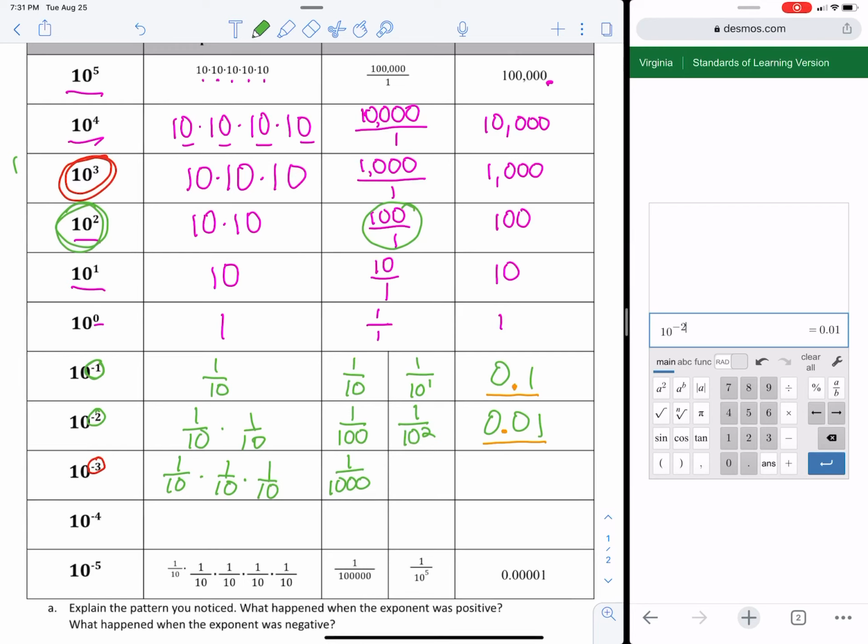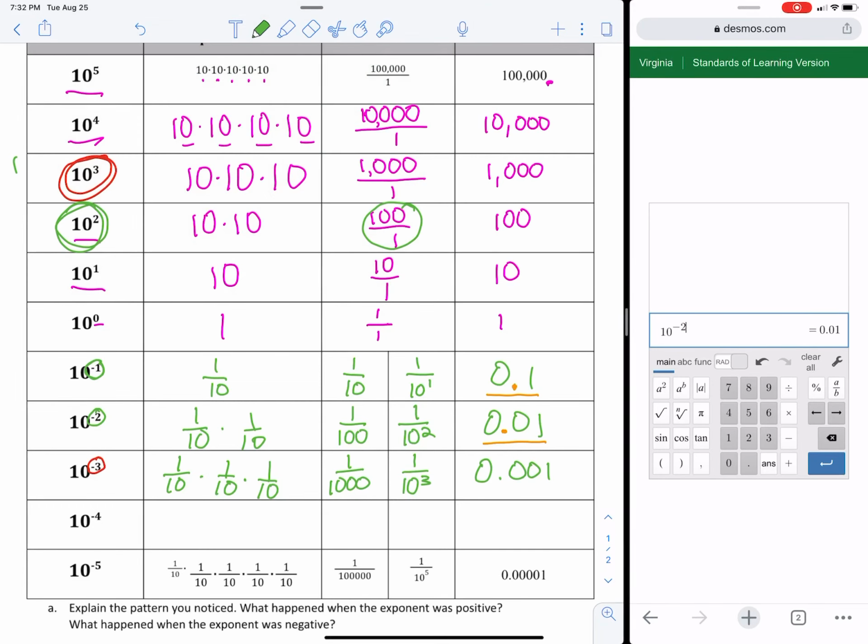And if you look back at the top, 10 to the third power was 1,000 over 1. So 10 to the negative 3 power is 1 over 1,000. And then we're also going to write it as 1 over 10 to the third power. And if we follow that pattern, it's going to be 0.001, where it looks like 1,000 written backwards.